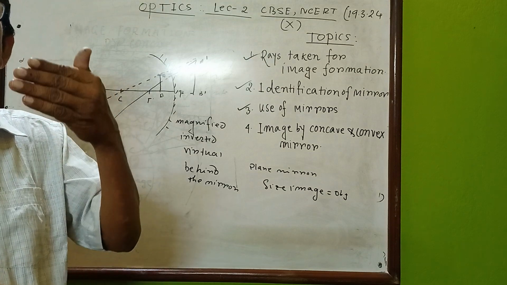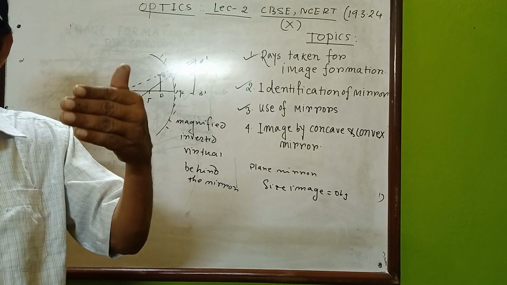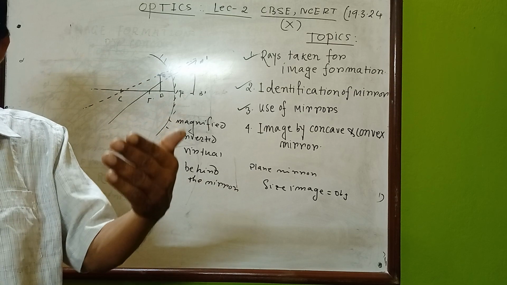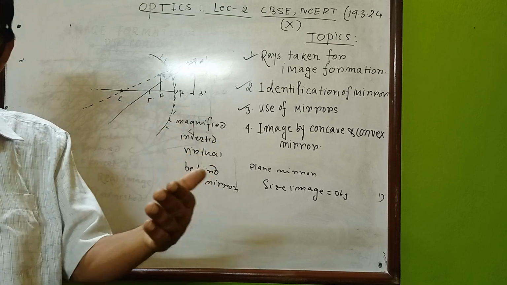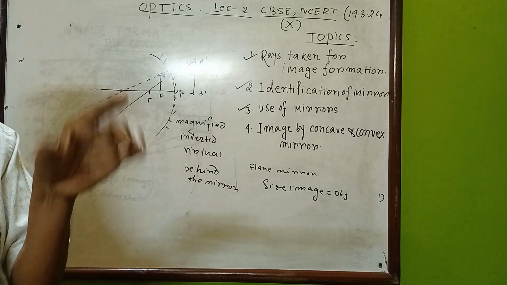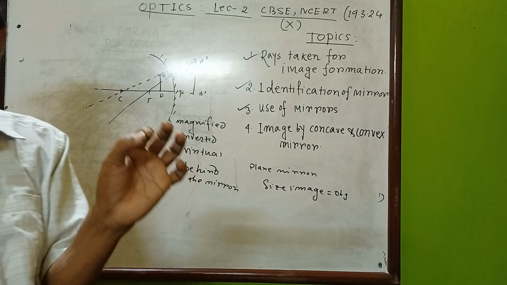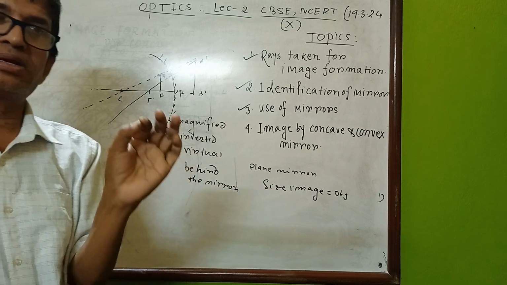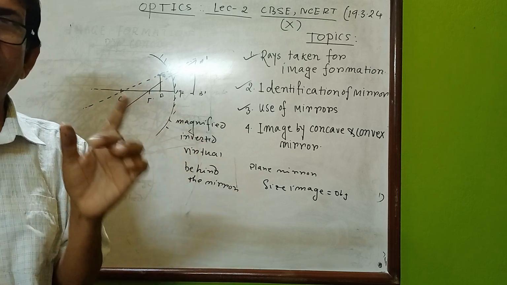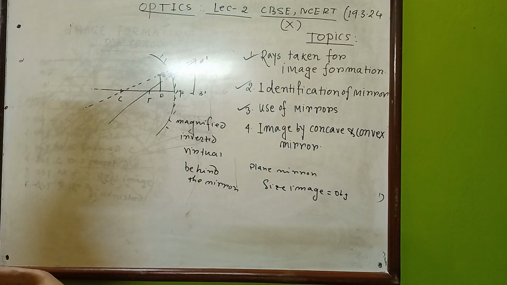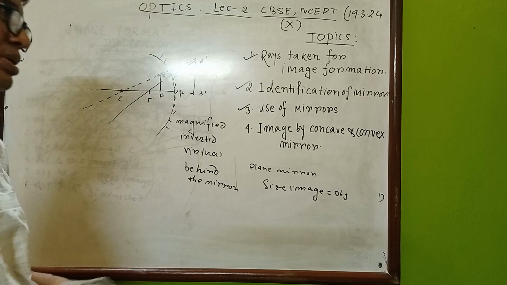As you move the mirror away from your face, you are gradually getting an inverted image. But if it is a convex mirror, the image will be very small in size, always erect, whatever the position of the object. Generally, a convex mirror image is formed in between focus and pole, whatever the position of the object.